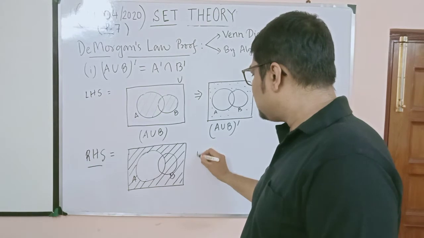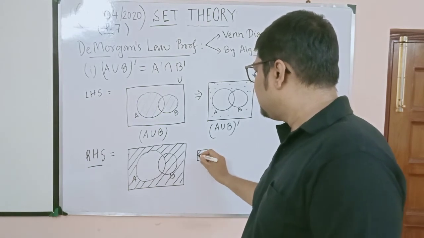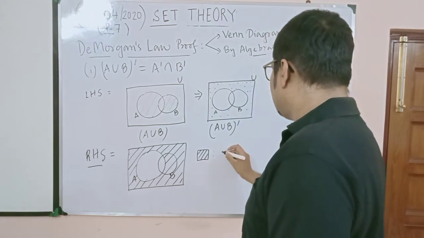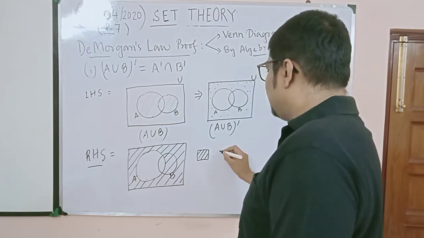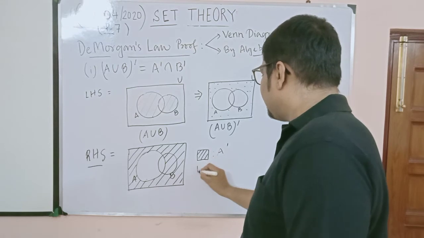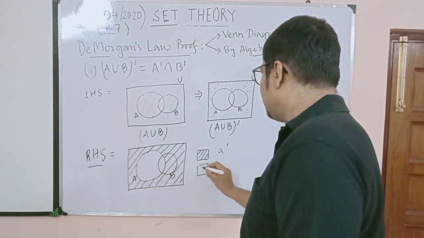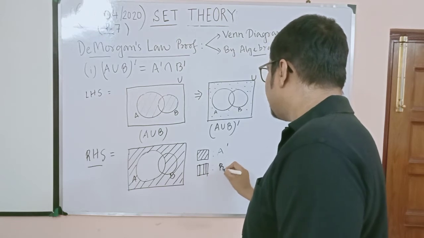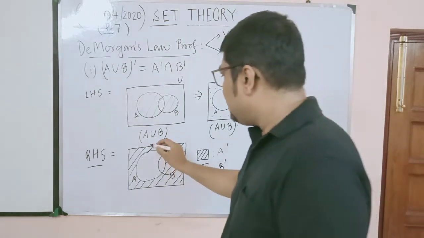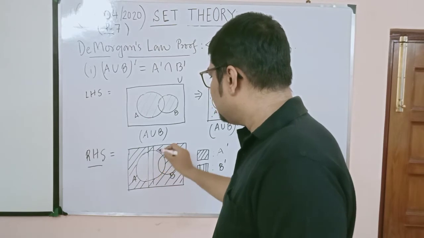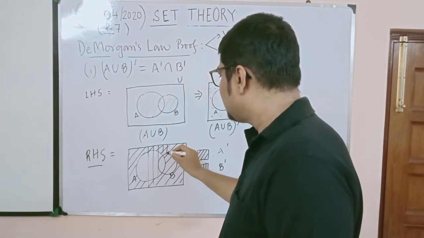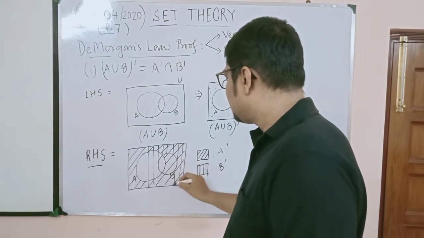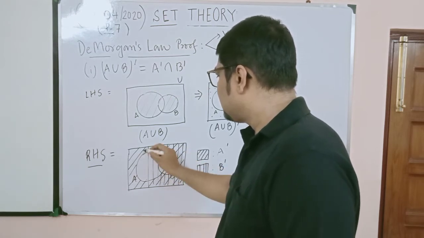If I draw some index over here, the slant shades denote A dashed, and the standing kind of shades denote B dashed. So B dashed will be some kind of this.